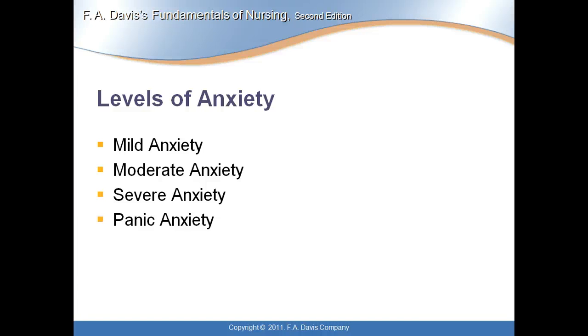You feel it when you take a test. Moderate is anxiety that increases, and the person begins to focus on themselves and the need to relieve the discomfort. Severe is when the anxiety is so bad that they can only focus on one particular detail, and concentration and attention are severely limited. For panic, the person becomes unreasonable, irrational, and not able to focus at all on any detail.